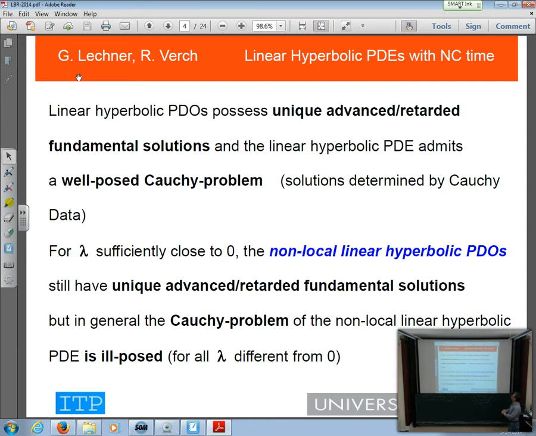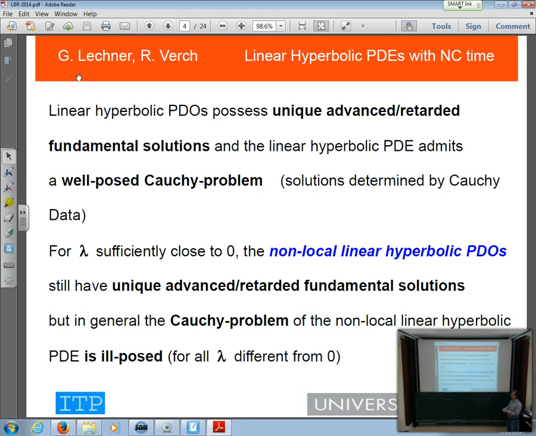So, yeah, I already told you about the well-posedness of the Cauchy problem. Well, this I did not tell you, but that's a consequence of the existence of the unique advanced and retarded fundamental solutions. And now I'm already giving you the take-home message.